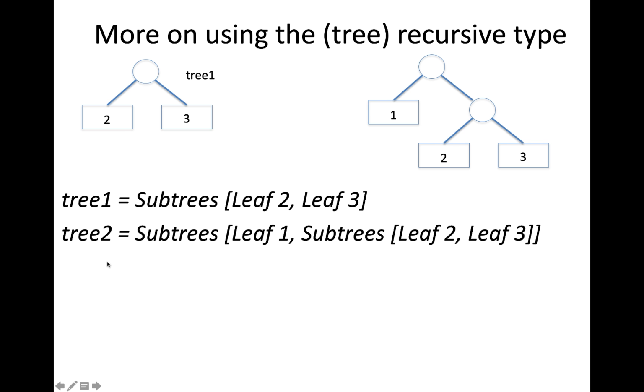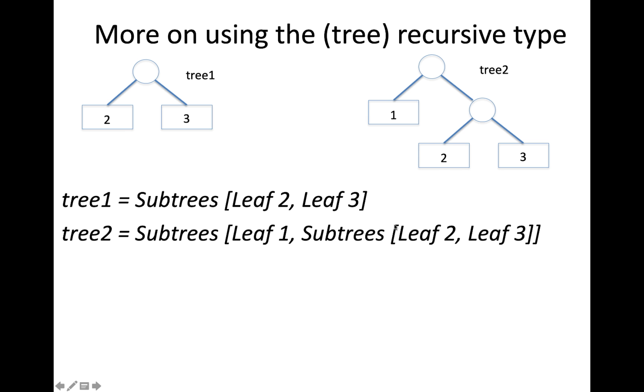So tree2 is nothing but a bunch of subtrees. The first subtree is leaf1, and then we have another whole subtree here. And how to define that subtree? It's recursive.